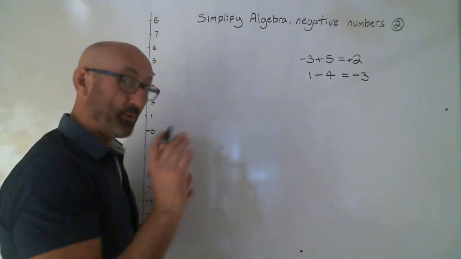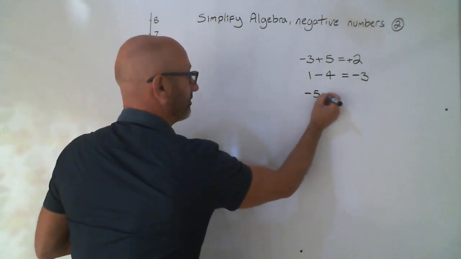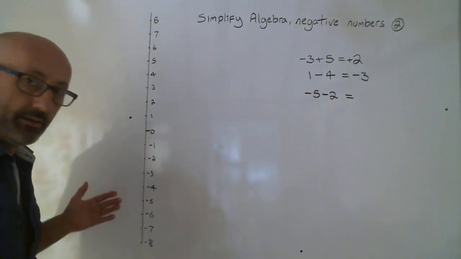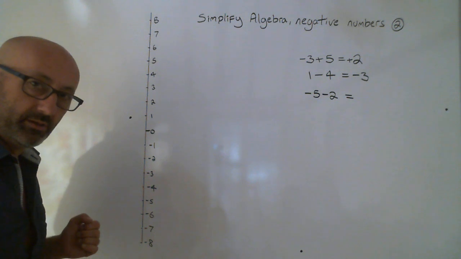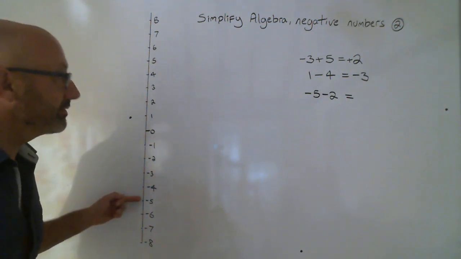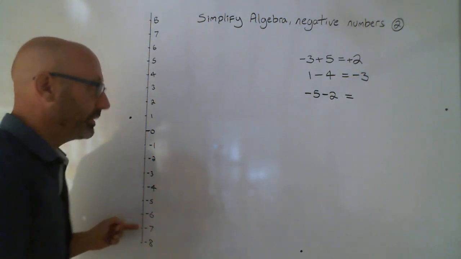Let's just do a couple more here. What about that? What about that? I'm not going to point this time. Well, we're at -5 and we go down 2, so we end up at -7.